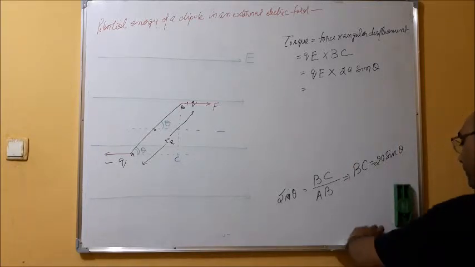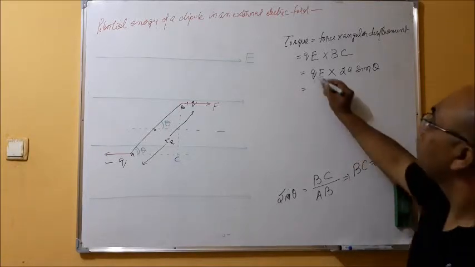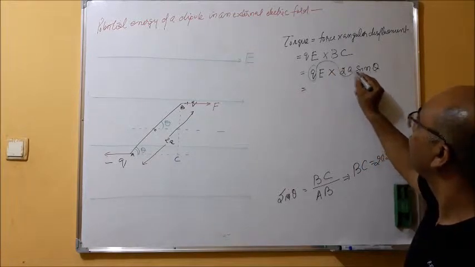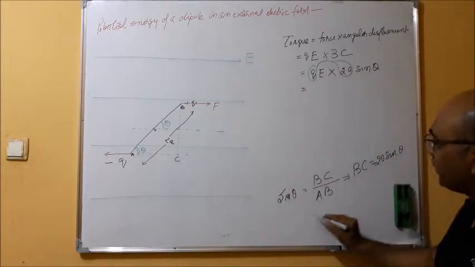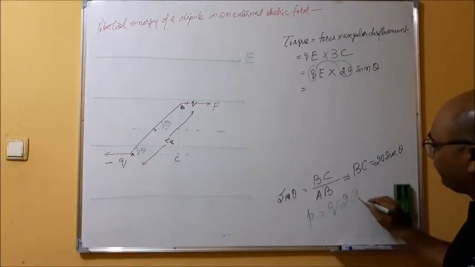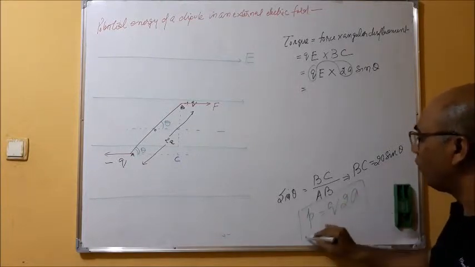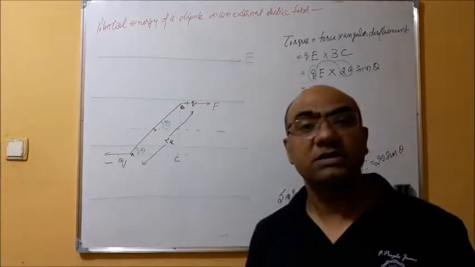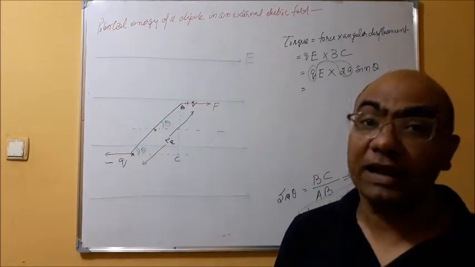Now you solve this. You have studied that q into 2a is known as P. P is given by q into 2a. This we studied when I discussed the definition of electric dipole.